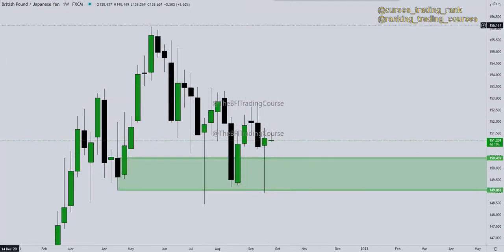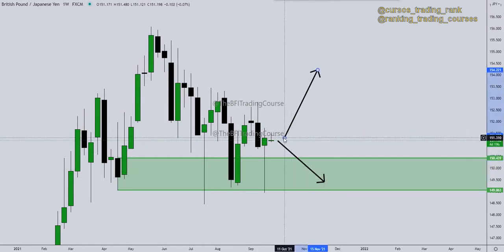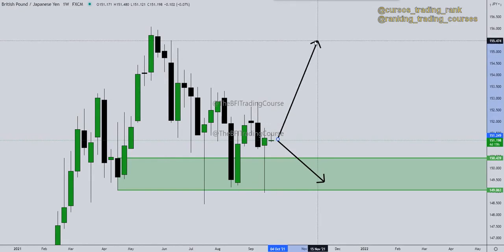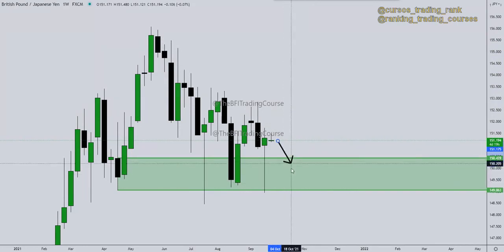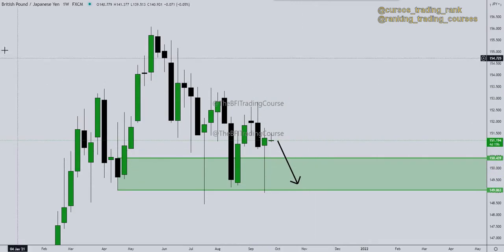There's always two zones that exist: a zone above current market price and a zone below current market price. So the sell zone above, pretty far. I'm not really interested in that right now. A buy zone below, that's where we're heading or drifting towards. So this is the focus.